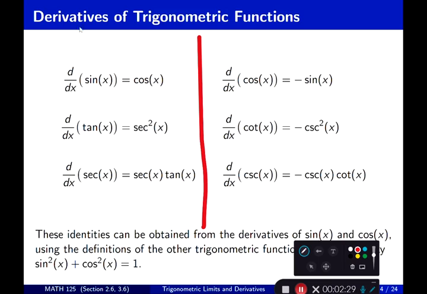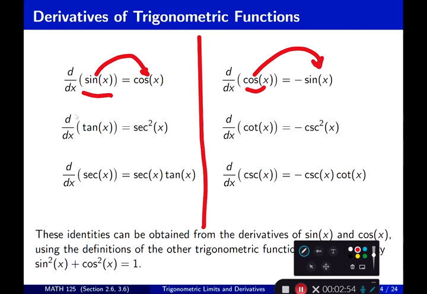So, for example, derivative of sine of x is cosine of x, and the co-function of sine of x is cosine of x. So derivative of cosine of x is equal to negative sine of x. There's a similarity. Derivative of sine of x is its co-function. Derivative of cosine function is negative of its co-function.